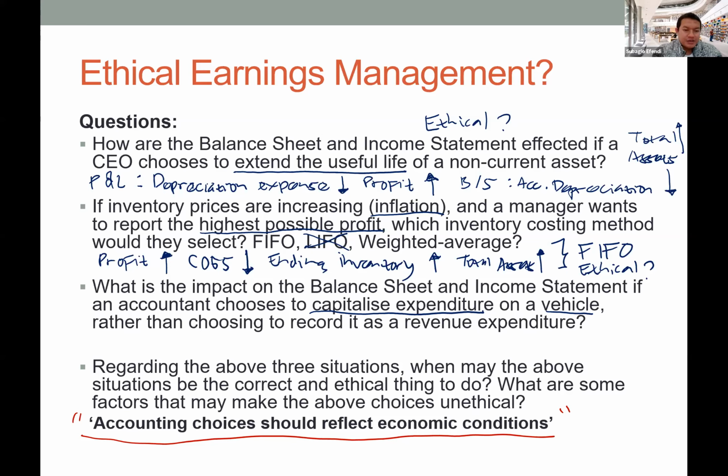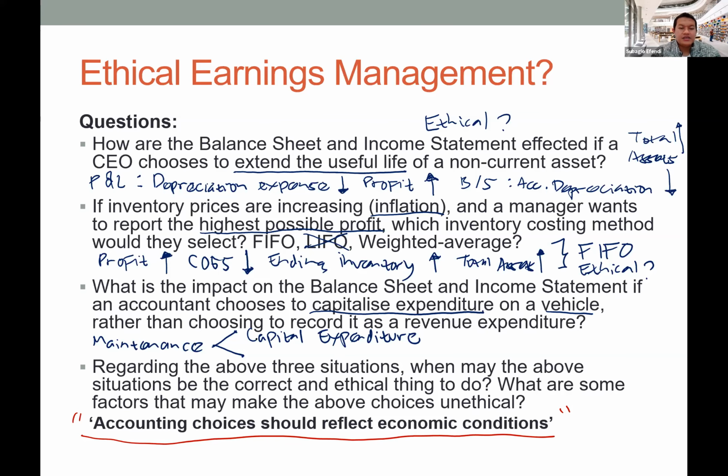If the company has some maintenance expense or repair expense, let's say this is for a vehicle, actually they have two options, right? They could capitalize this expense. We call that capital expenditure. So the journal entry, we will have the asset, vehicle, in the debit side and then the cash in the credit side. So you can see from the journal entry, the asset value will be increased.